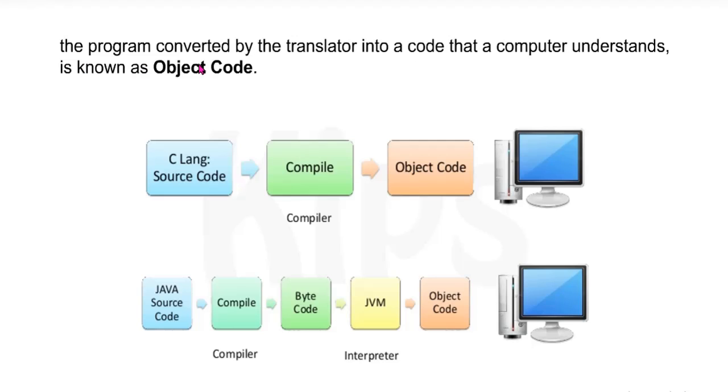The program converted by the translator into a code that a computer understands is known as object code. Please underline and learn what is source code and what is object code. Source code, we have already learned, is what a user can understand. But the program converted by the translator into code that computers understand is known as object code.